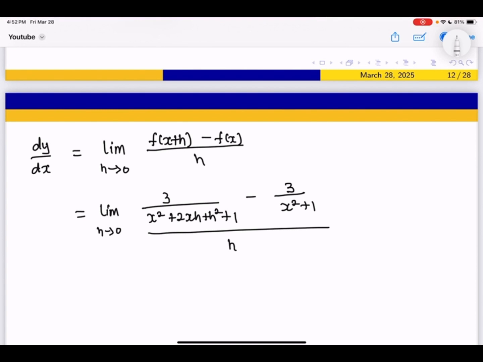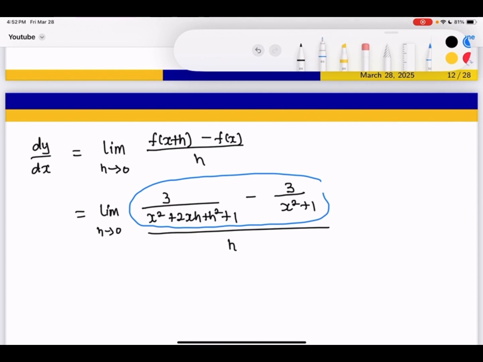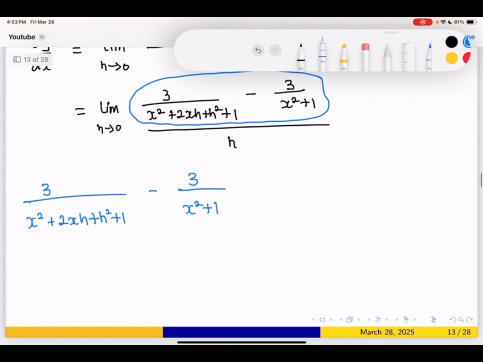So here let's take the numerator out and simplify it further. That's taking this guy out and simplifying it. So we have 3 divided by x squared plus 2xh plus h squared plus 1 minus 3 on x squared plus 1.